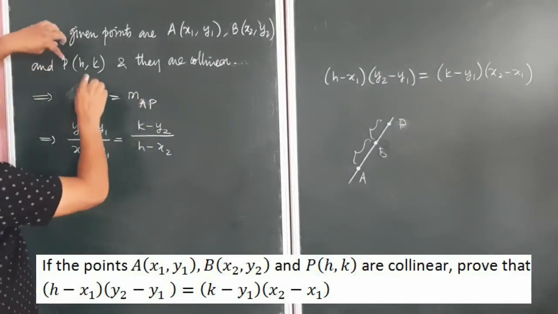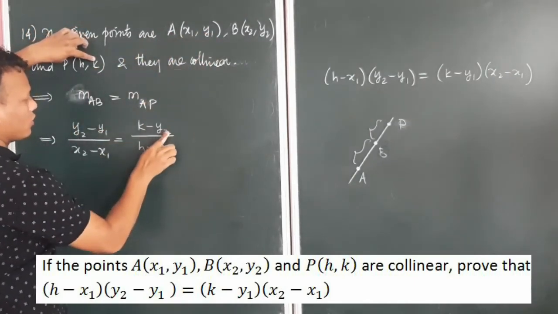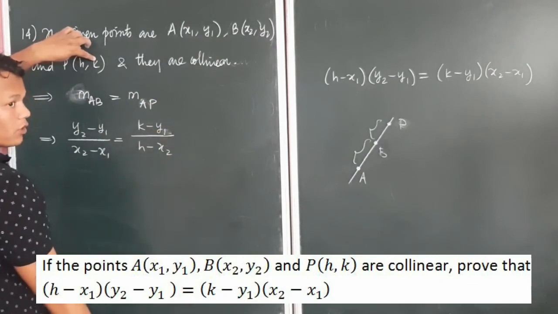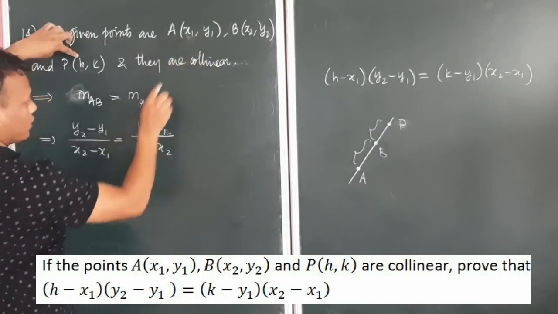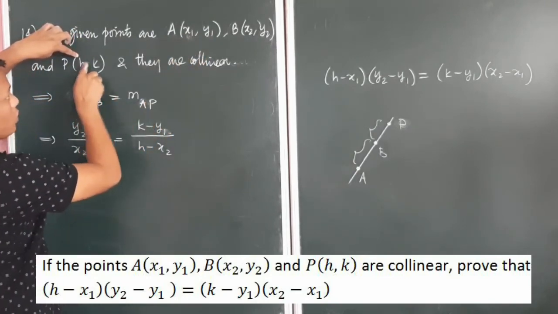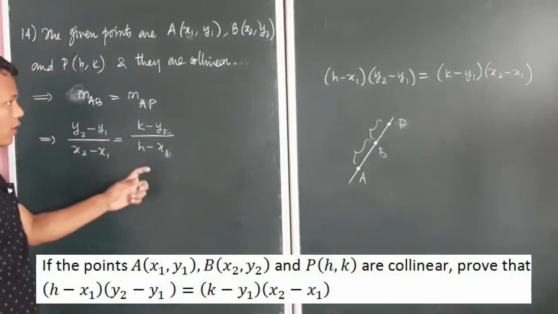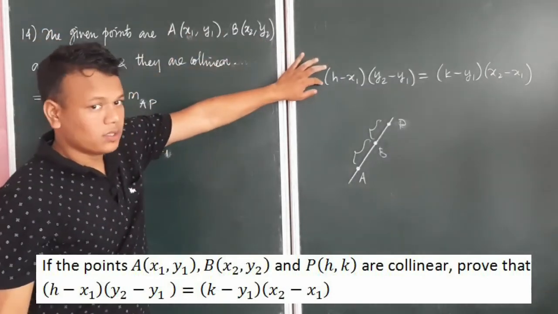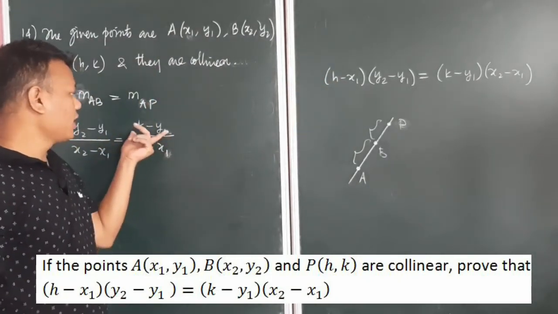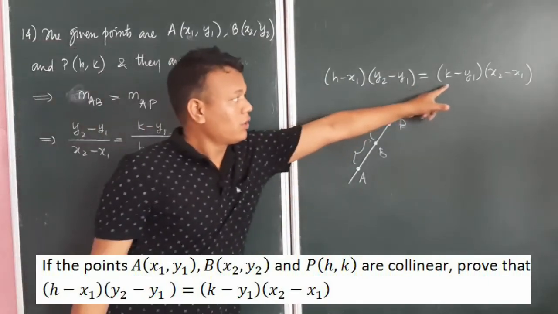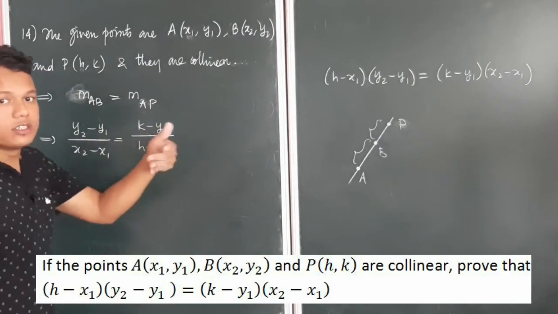So suppose if I use A and P, then my formula becomes y2 minus y1, so here it comes y1, whole divided by x2 minus x1. Remember I am using A and P. x1 is x1 itself out here. Now if you go to this, then we have h minus x1, right? And similarly we have k minus y1 also. So here basically we will make use of AB and AP instead of BP.